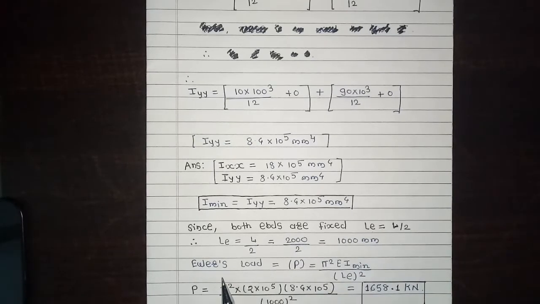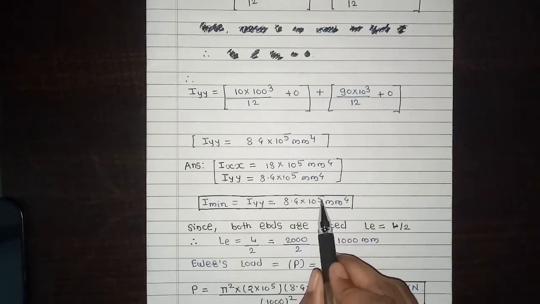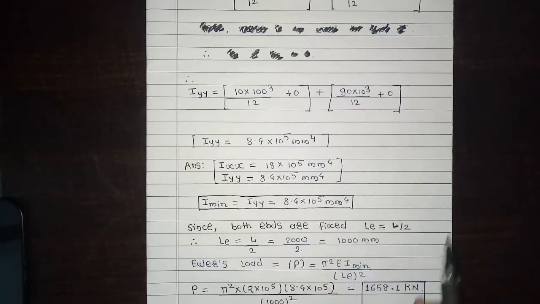Then last step, we have to calculate Euler's load. Euler's load is denoted by P and it is calculated by the formula pi square EI minimum divided by L effective square. So what is the value of I minimum? 8.4 into 10 to the power 5 mm raised to 4.